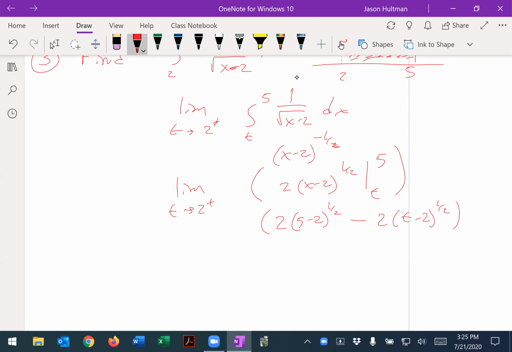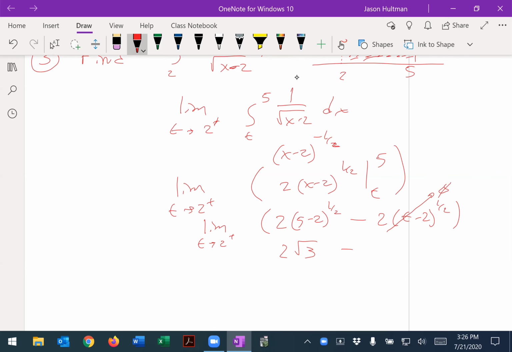And I want to take the limit as t approaches 2 from the right. So the first thing is going to be 2 radical 3, minus this thing, which is going to approach 0, right? If I plug in 2, doesn't that thing just go to 0? And we're not dividing by 0 anymore, so that's not an issue.